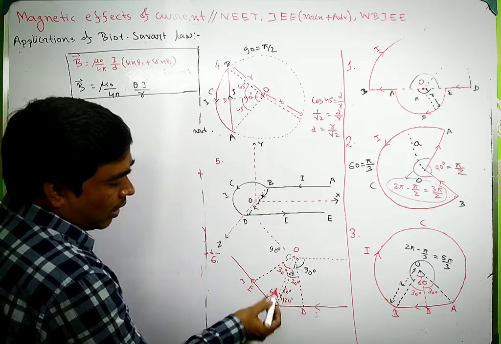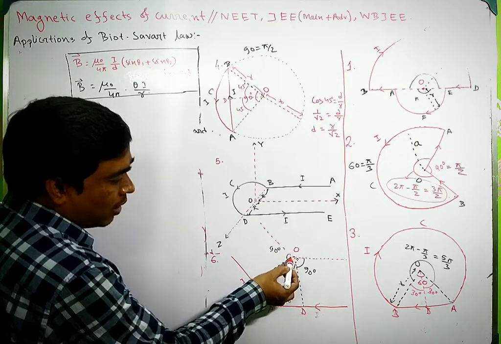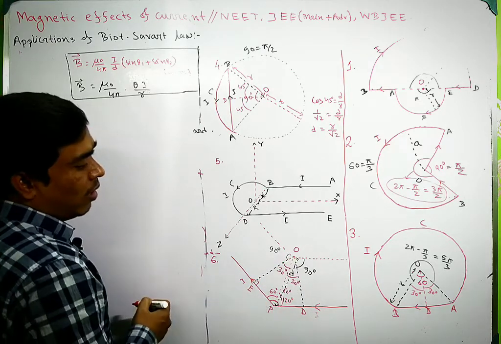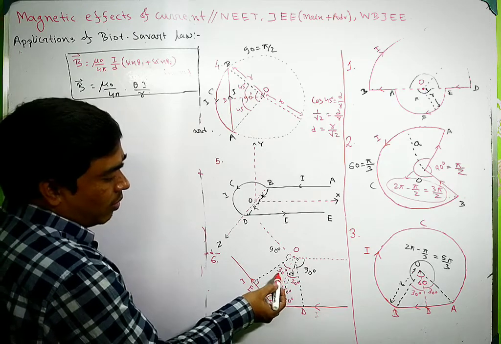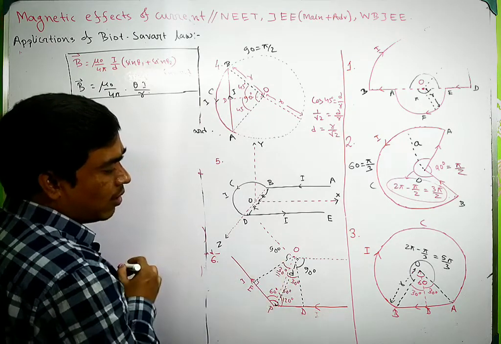This angle is 60 degrees, this angle is 90 degrees, because I have drawn the perpendicular distance between O and this straight wire. So this angle is 30 degrees, and this angle is 90 degrees.